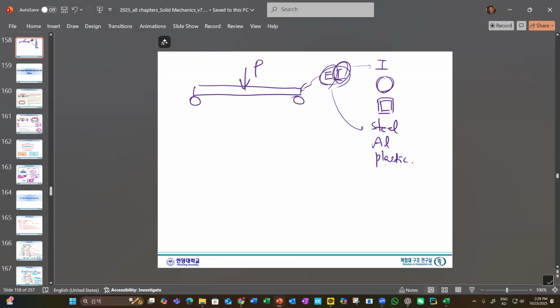And now the point is, when and will this beam break? That means how much load P can be carried, and this is the length L. Now you tell me your feeling, where the beam will break under this load.